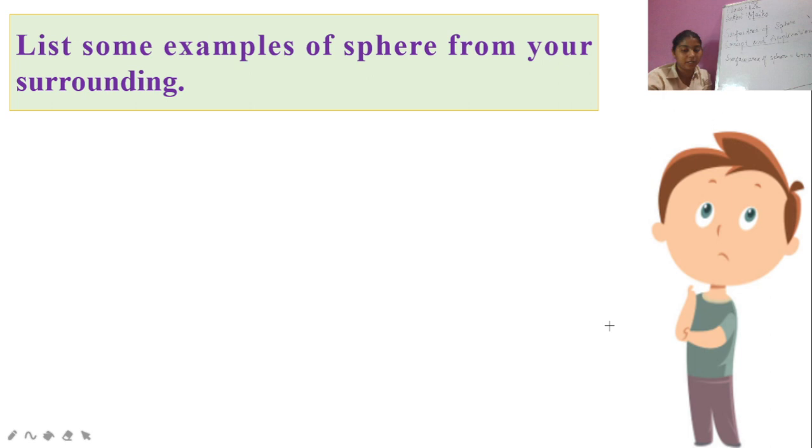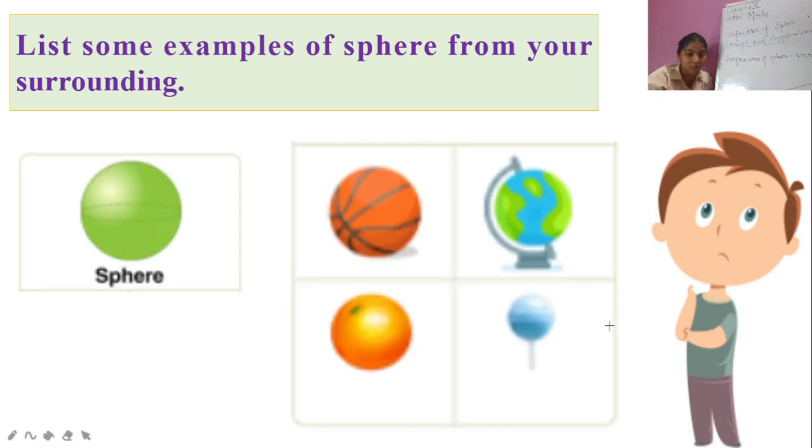Okay students, so let me share a few examples. First is a football, right? Second, you can see this is a globe, and third, an orange. And the fourth one, have you eaten it when you were small kids? This is a lollipop, right?